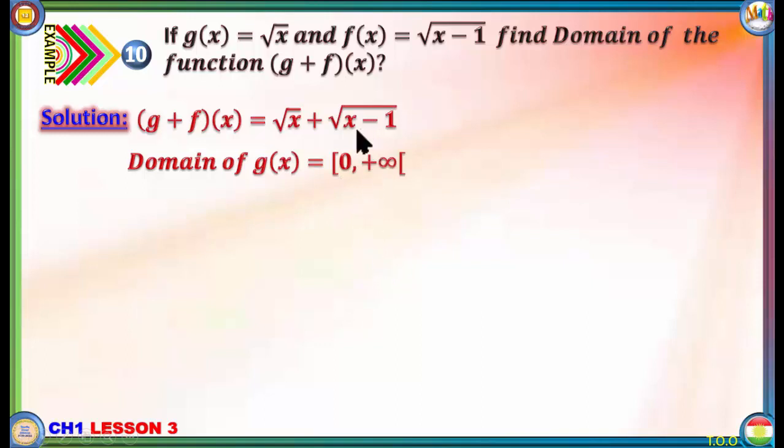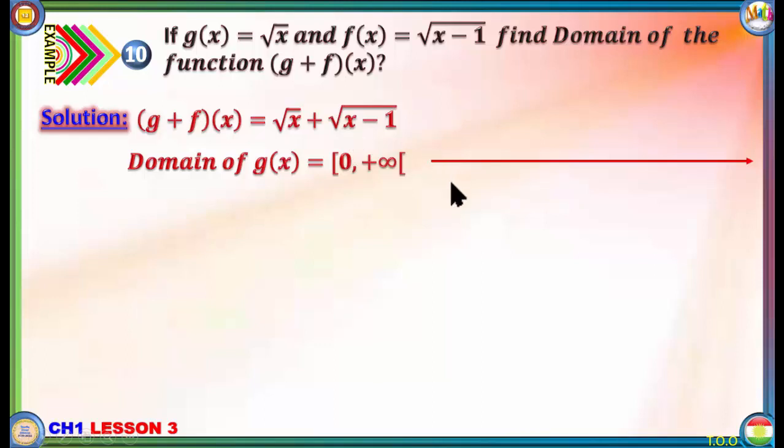And now let us take the second square root. Take under the square root x minus 1 bigger or equal to 0, then it becomes x bigger or equal to 1. That means the domain of function f(x) is from 1 to positive infinity.